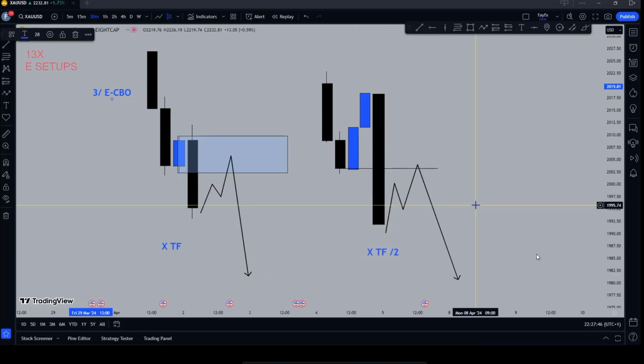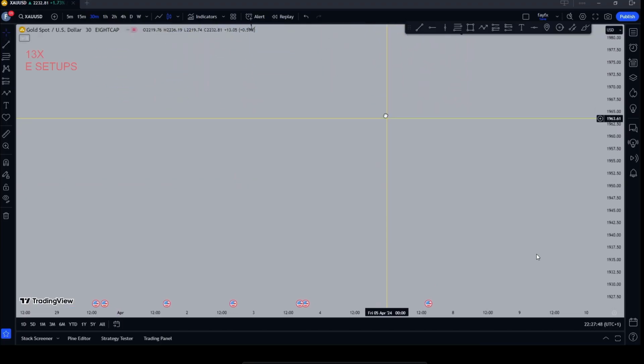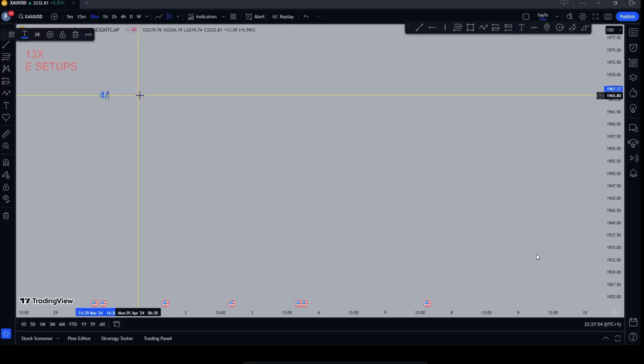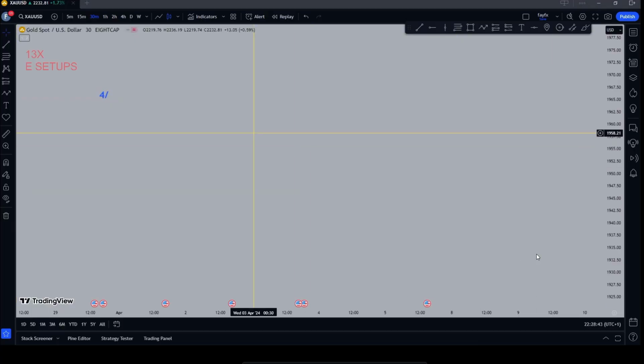For the fourth setup for entry, the fourth engulfing entry doesn't require the equilibrium.